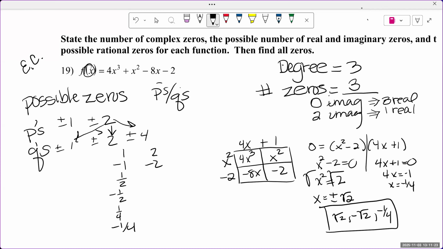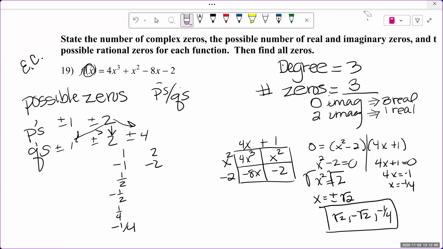If you are able to master this, I know it's a lot of steps. Once you get to this part, there are different options. Take all the zeros and plug them in, or take all the zeros and do synthetic division, long division, or try to factor. If you can master this, it's worth extra credit on the in-person, and it is possibly going to be on the online version as well.